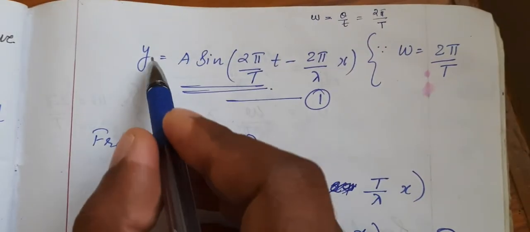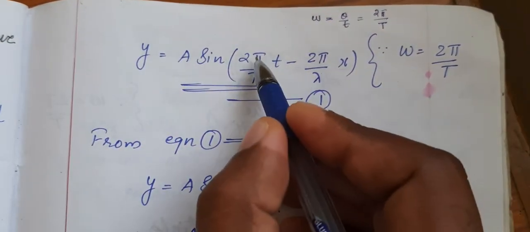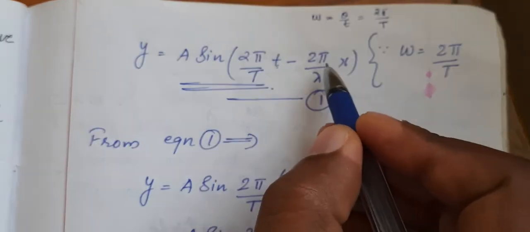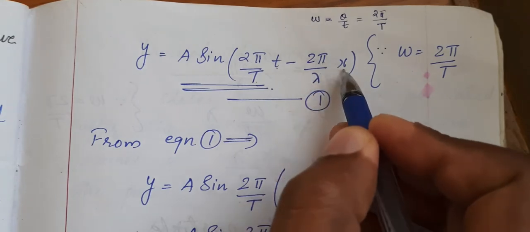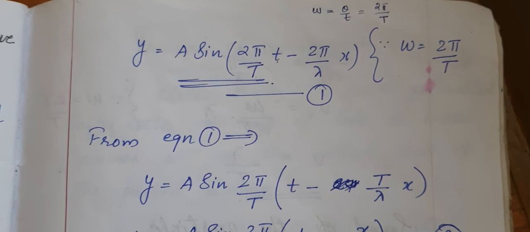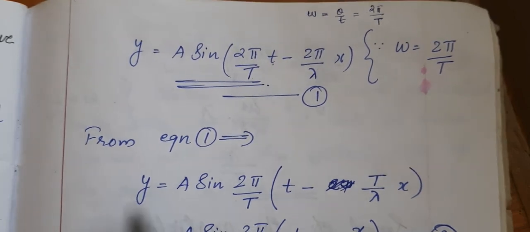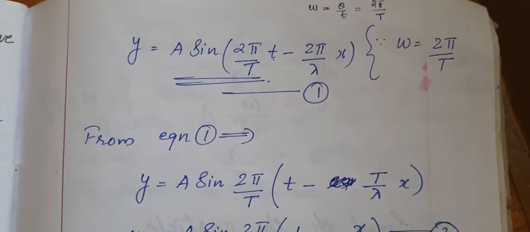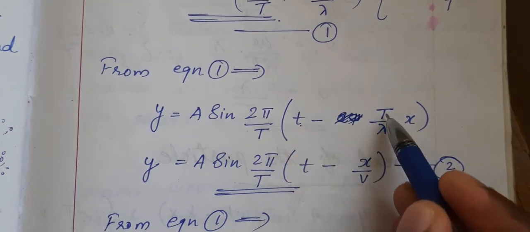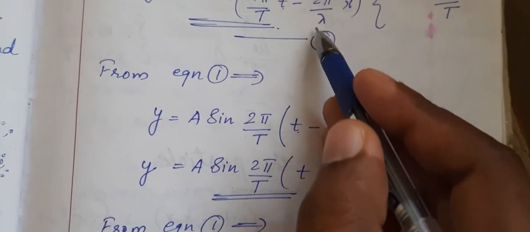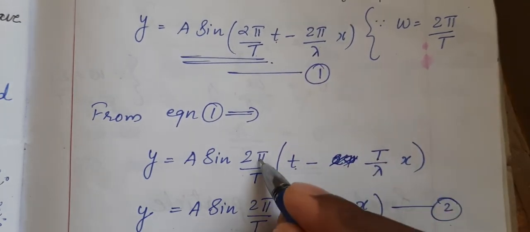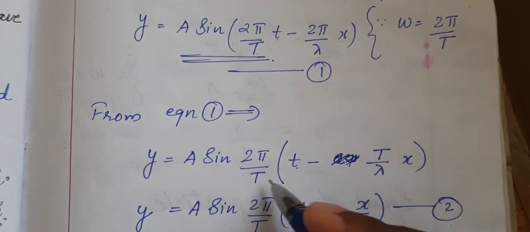So if you substitute that we get y is equal to a sine omega, that is 2 pi by T into small t, omega t was there, minus phi. Just now we said 2 pi by lambda into x is phi. So from this equation, if you take 2 pi by T outside, we get y equal to a sine 2 pi by T into t minus, there is no T in the second part, so we give a T in the numerator so that when I multiply 2 pi by T inside, this T and T will cancel.